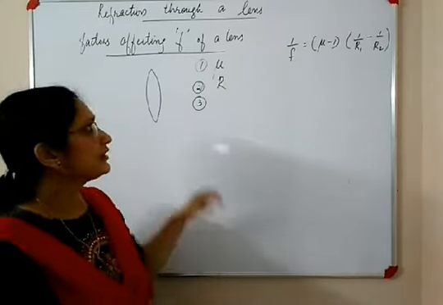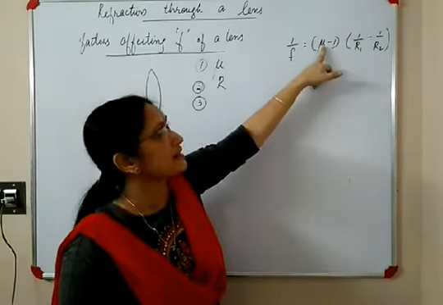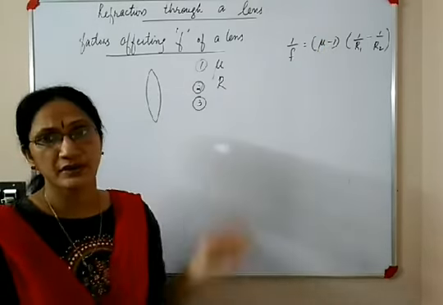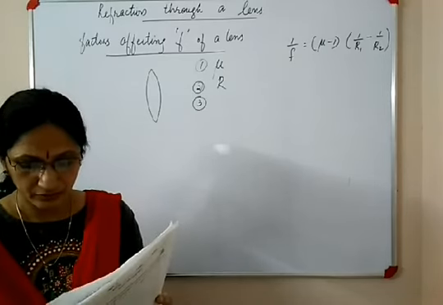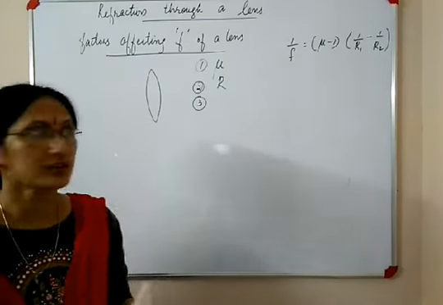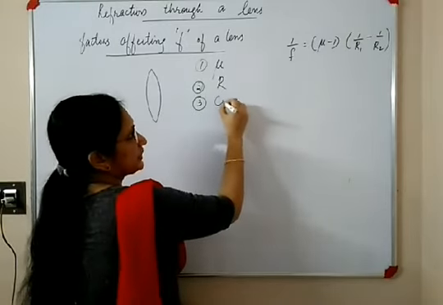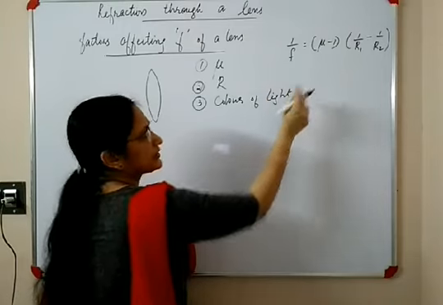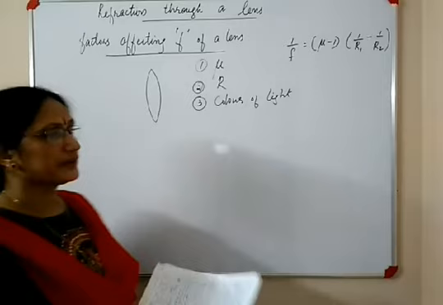Similarly, if you use red color light, since red color has less refractive index, the focal length shown by the lens will be high. Now let us conclude. So third point, color of the light, or you can say wavelength of the light. These three factors will determine the focal length of a lens.